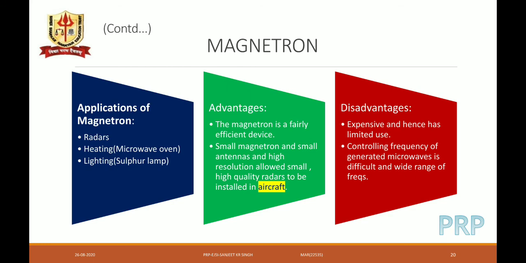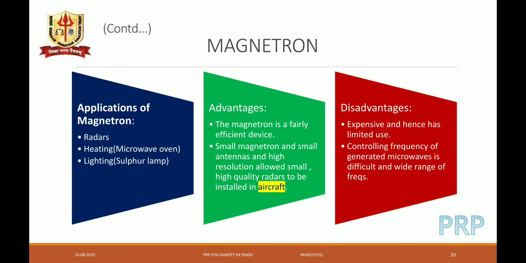And then the disadvantage: it is very expensive and has therefore limited use or applications, and controlling the microwave frequency generated is difficult and a wide range of frequency is obtained. So to generate a constant frequency is difficult but can be done.